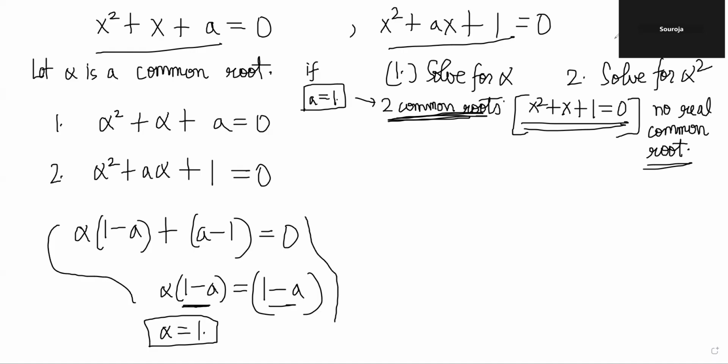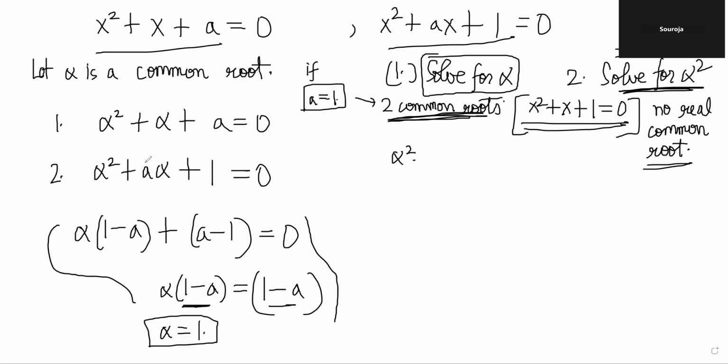Correct? What about alpha square? If I solve for alpha square, I will have to eliminate alpha, right? See, my first step was solve for alpha. I solved it and I got alpha is equal to 1. My second step is solve for alpha square.